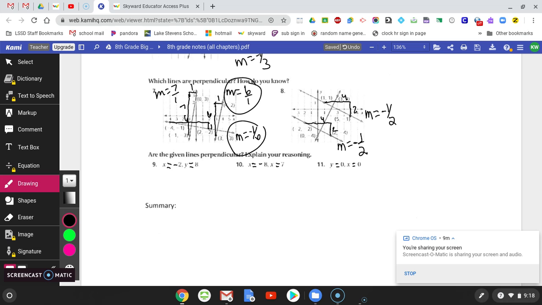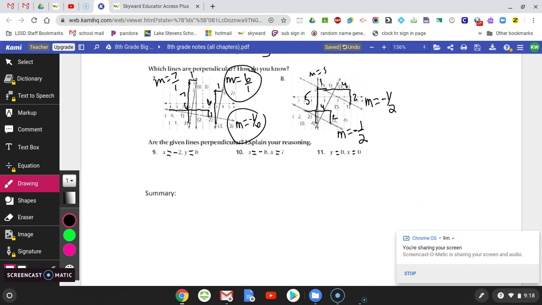And the last one, I am going up 1, 2, 3, 4, 5, and over 1. So the slope on this one is 5 over 1, or just 5. So you can see none of them are perpendicular, but these two are parallel.